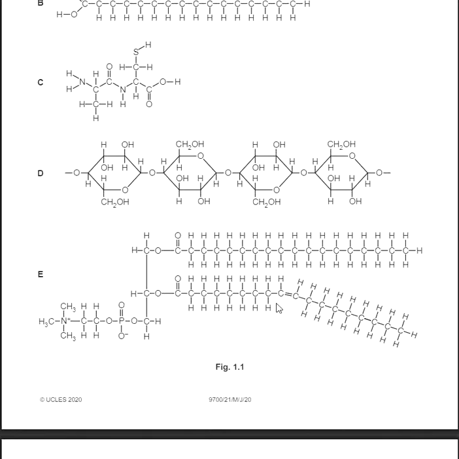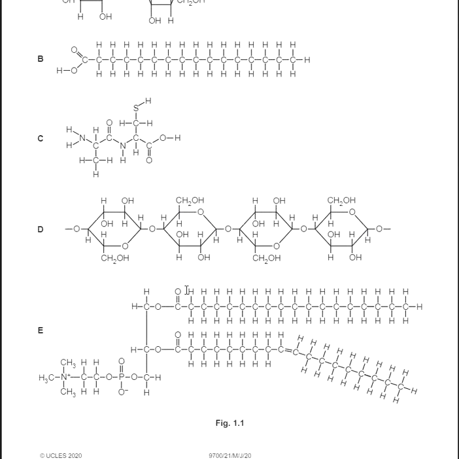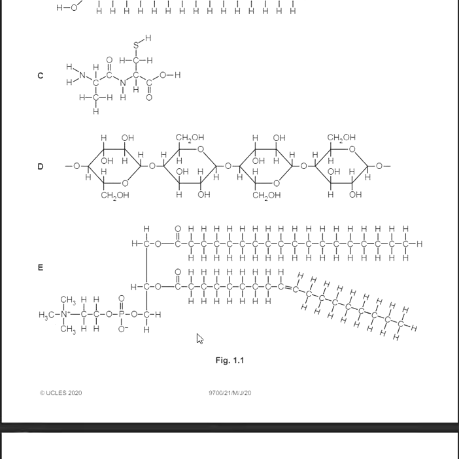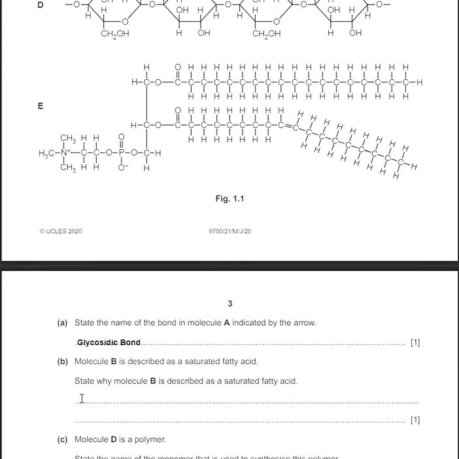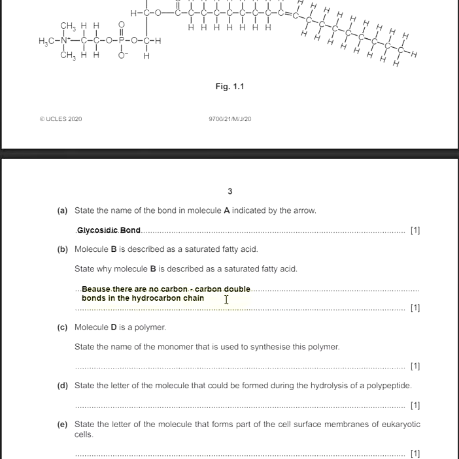We have the C double bond in this location, in contrary to B, or the second part up here of the second fatty acid tail of molecule E. Because there are no carbon-carbon double bonds in the hydrocarbon chain.